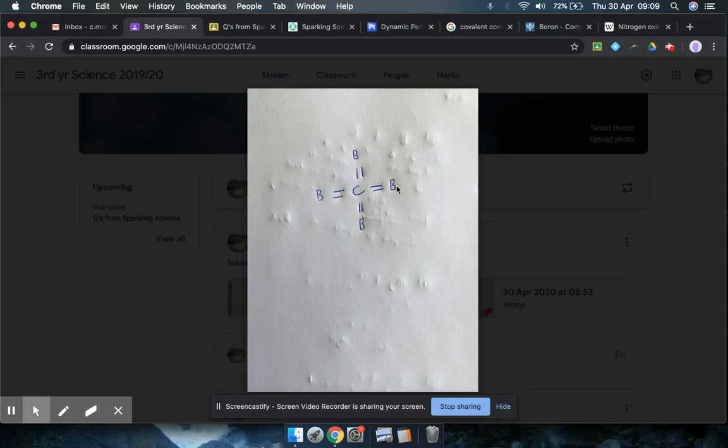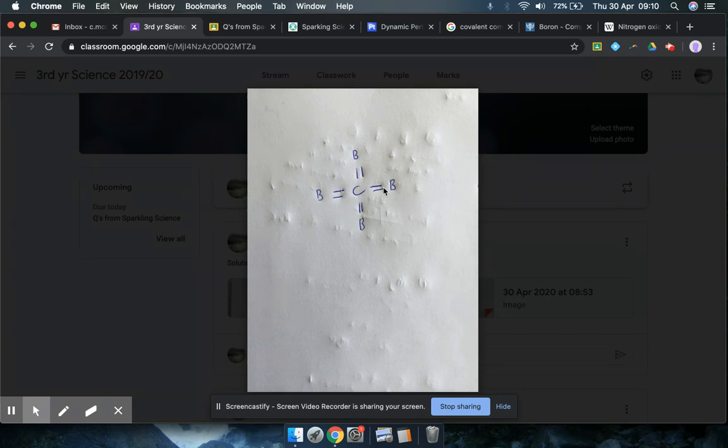So therefore boron now has only got 2 electrons left. Carbon is going to share 1 electron here with boron as well, so this was down to 2 as well. This is down to 2, this is down to 2. So there's 2 electrons left. And you can see here carbon has used up its 4 electrons, 1, 2, 3, 4. It has used them up in this bond.